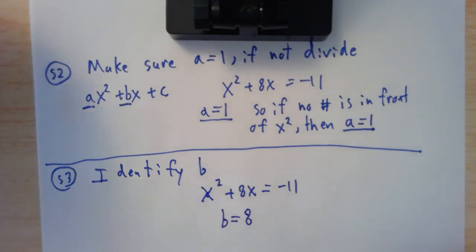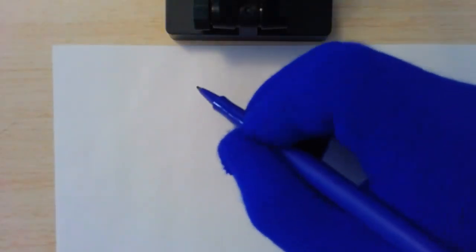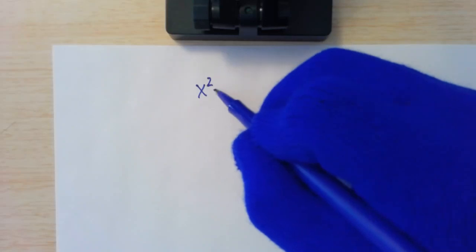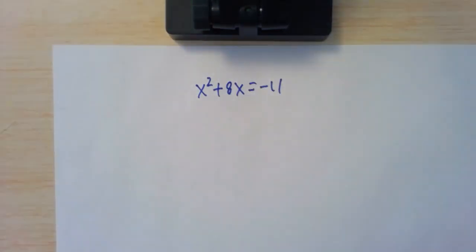Now, the last step in terms of this first type of problem is going to be pretty straightforward, okay? So let's go to another page. And I'm going to rewrite our original question. X squared plus 8x equals to negative 11, right?